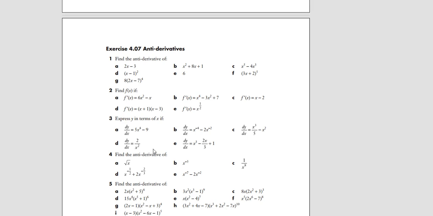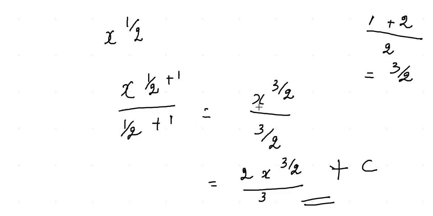So I just want to show you the third problem, D, where they're asking 2 by x square, right? So let me go back to 2 by x square, okay? I'm going to solve that for you because they're just tricking you, right?